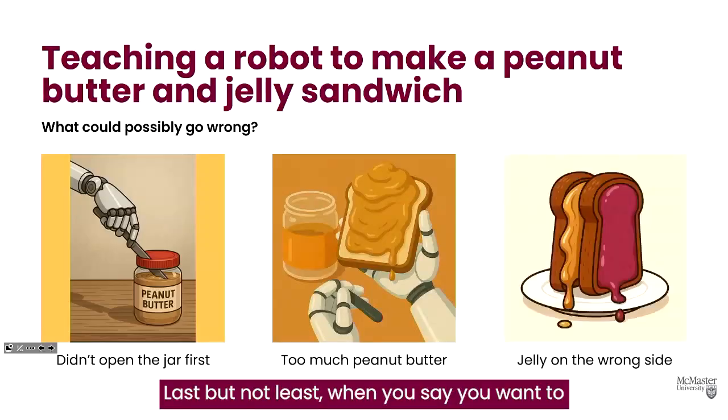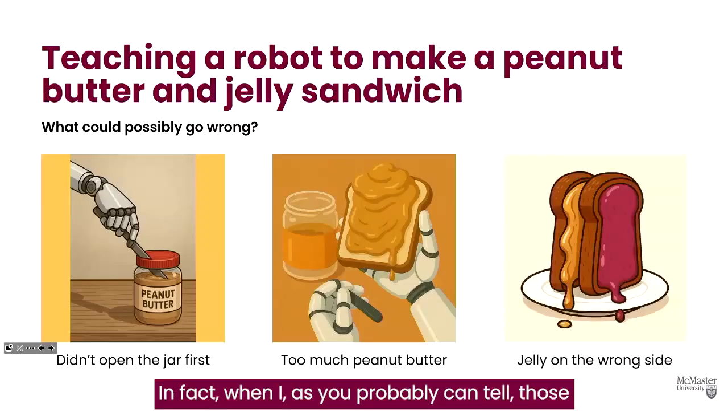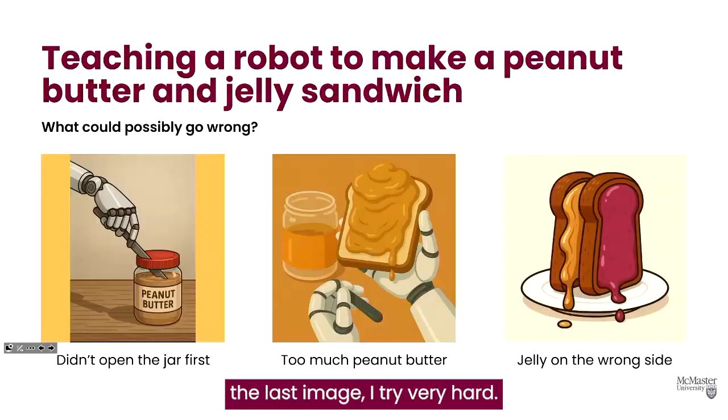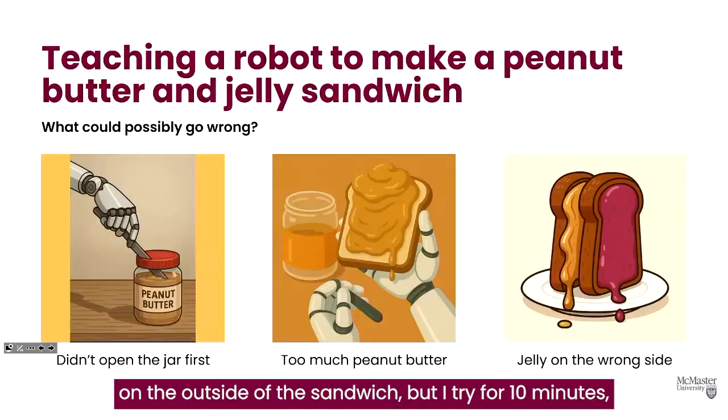And last but not least, when you say you want to put those two slices together, it can go all ways, right? In fact, as you probably can tell, those pictures are generated by ChatGPT. When I tried to create the last image, I tried very hard. I wanted to show peanut butter and jelly both on the outside of the sandwich, but I tried for 10 minutes.